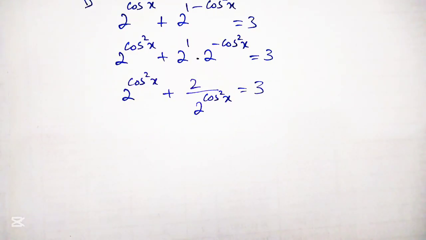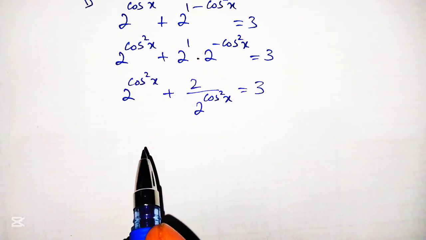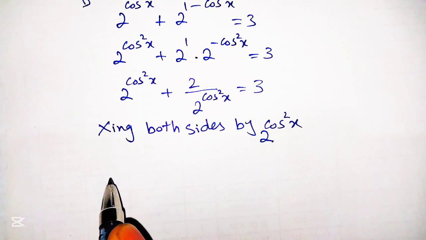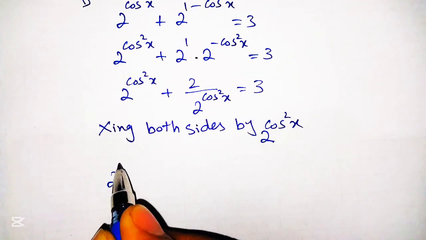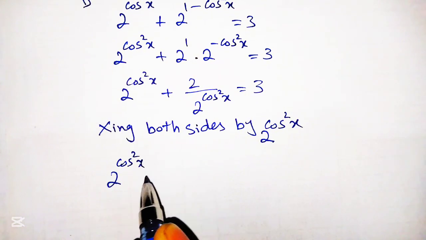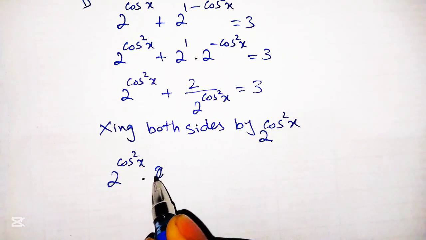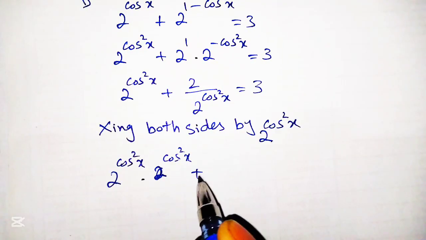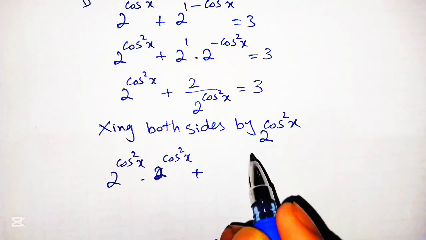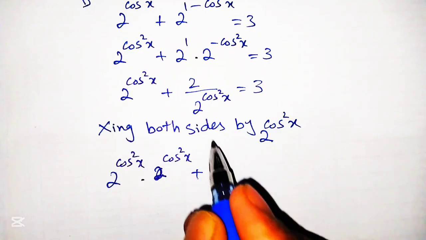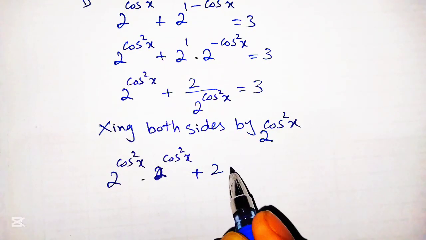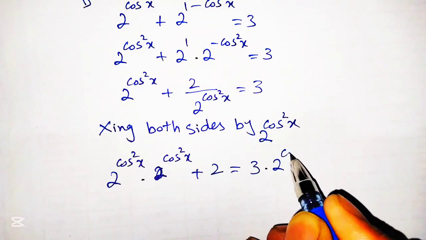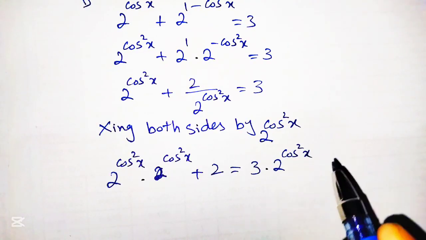Now multiplying both sides by 2 raised to power cosine square x, we get 2 raised to power cosine square x times 2 raised to power cosine square x plus 2, since this will cancel out when we multiply with 2 raised to power cosine square x, is equal to 3 times 2 raised to power cosine square x.